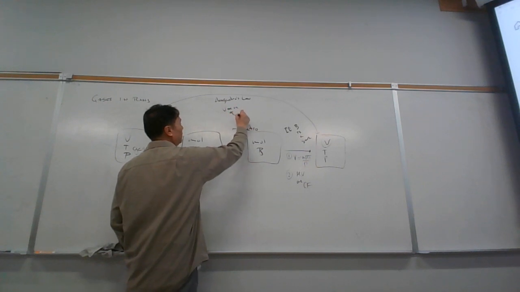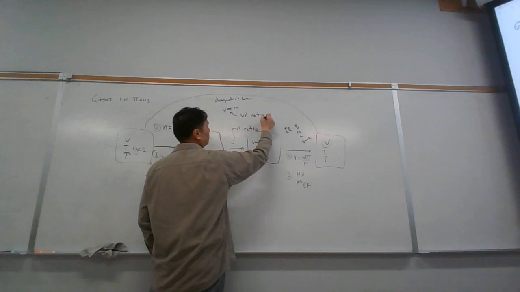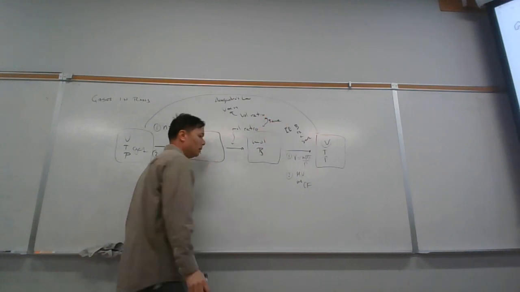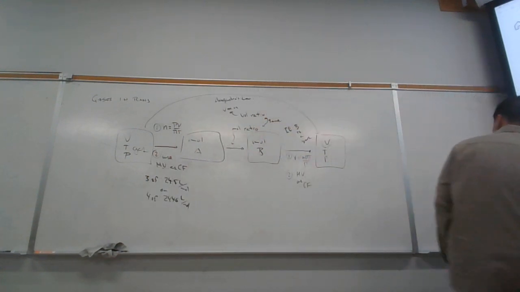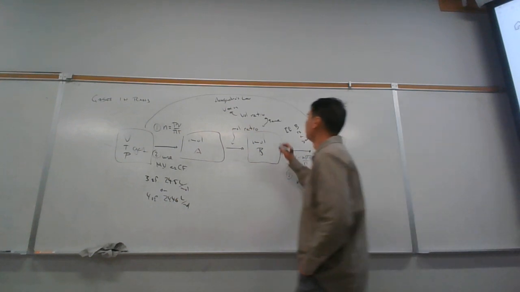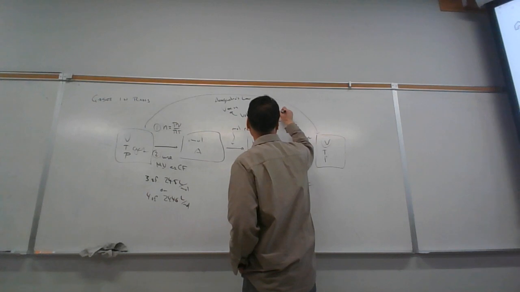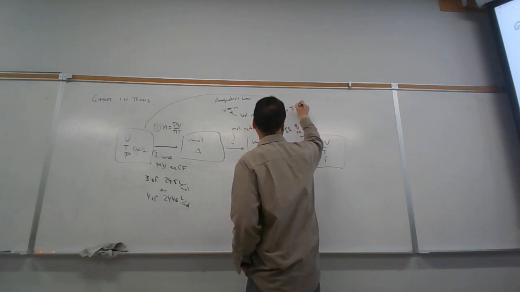And the volume ratio is going to be exactly the same as the mole ratio, as long as the pressure and the temperature are the same, a volume ratio at constant temperature and pressure.